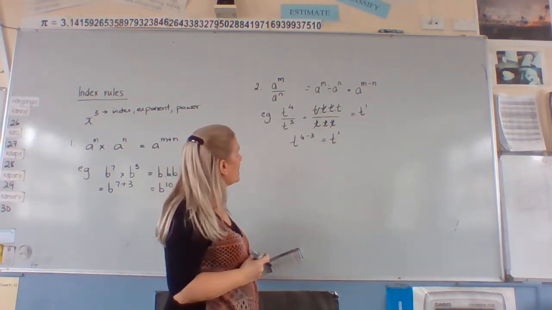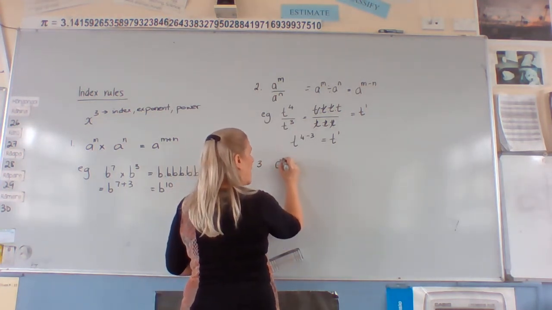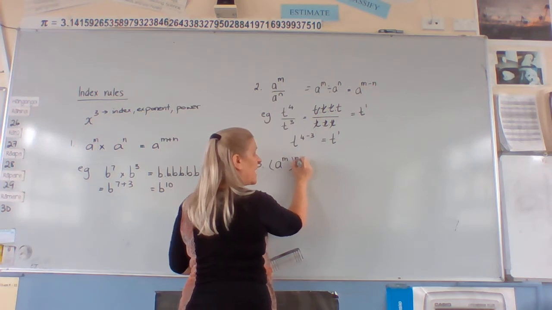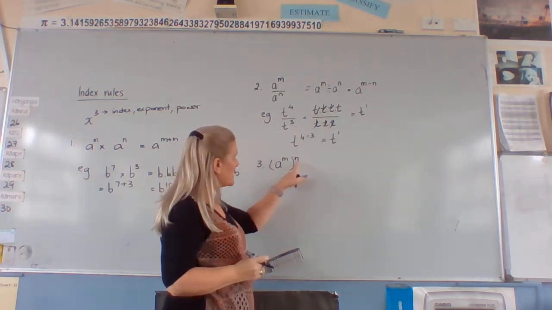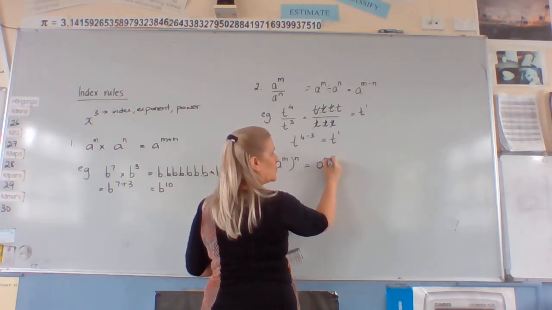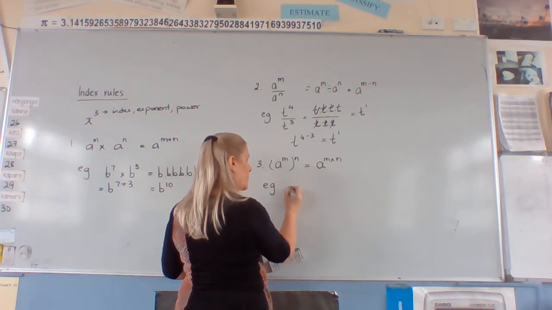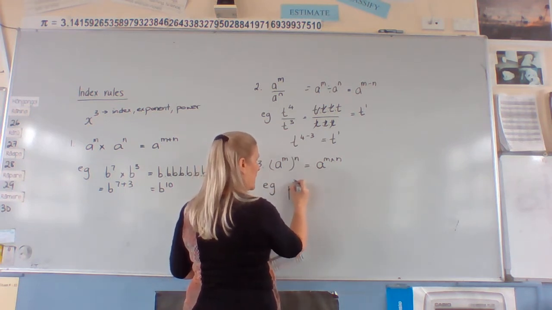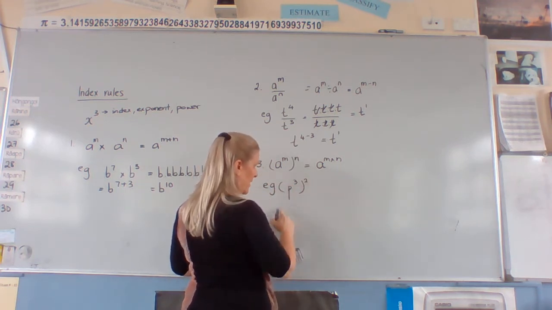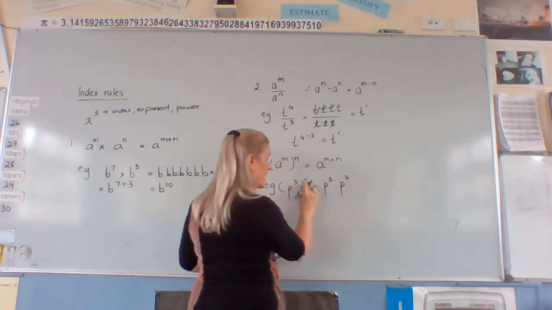Okay? Right, next rule says if I've got something to a power and it's to another power, then that's that many times of that. So it's actually a multiplies. All right, so let's have a look at an example. P to the power of 3 to the power of 2. That says P to the power of 3 times P to the power of 3, twice.